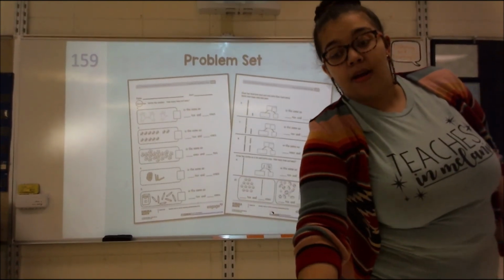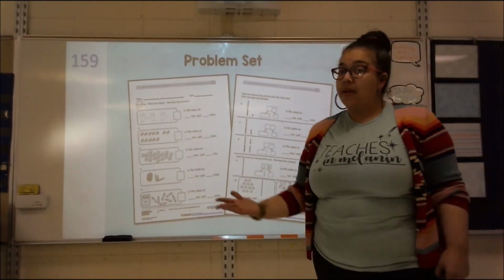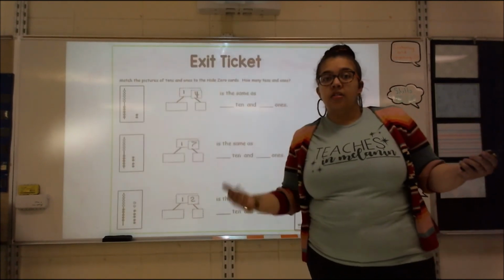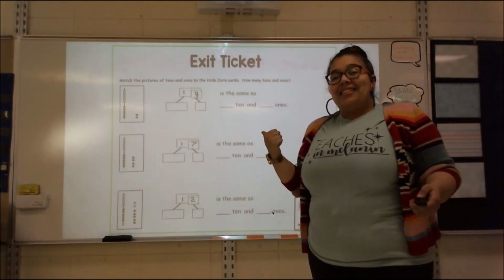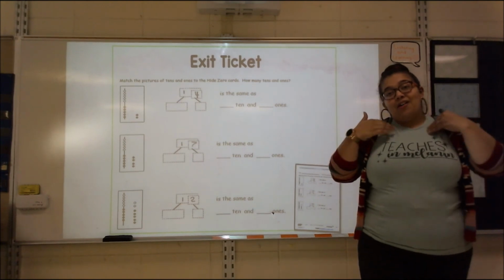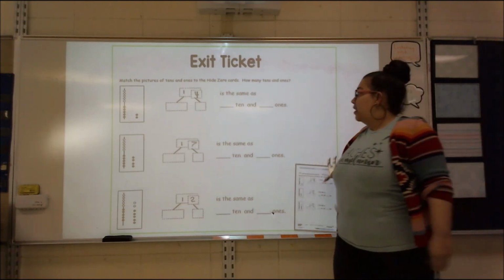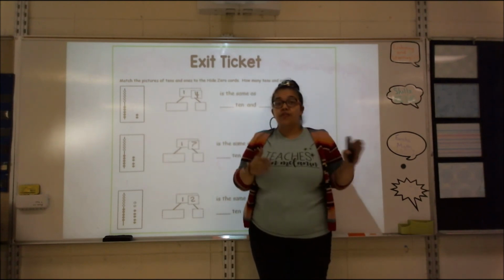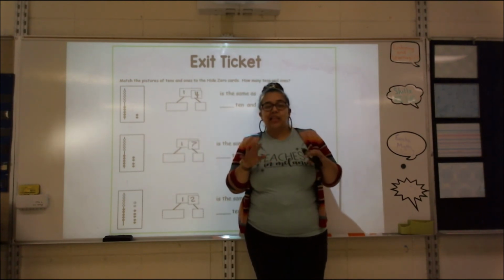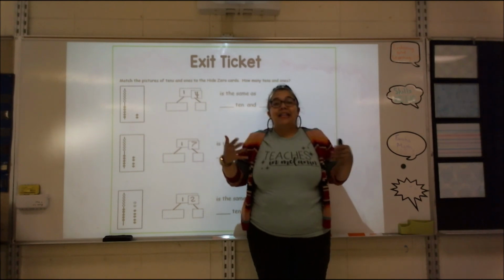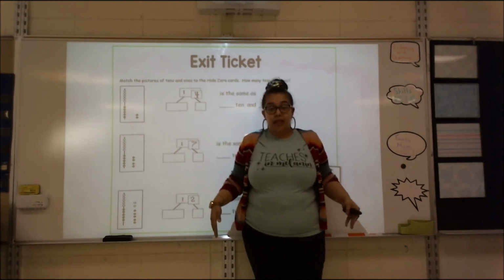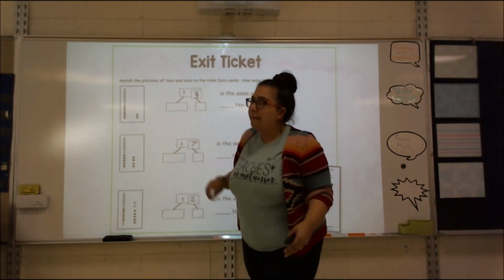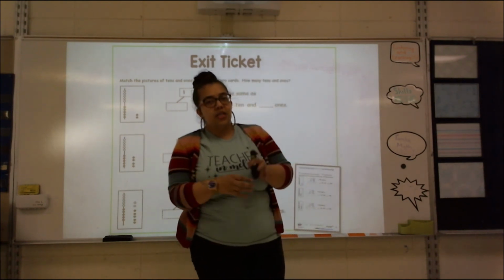Once you've completed your problem set or spent 10 minutes on it, whichever comes first, go do your exit ticket. And then this is what puts us back on the I Do. Once you've completed your exit ticket, all the pieces, I'm going to break this down into a few different slides. I'm going to make some activities with it. It's not just going to be this one-page plain paper. It's going to be a little bit of matching, a little bit of drawing. You'll see when you get there.